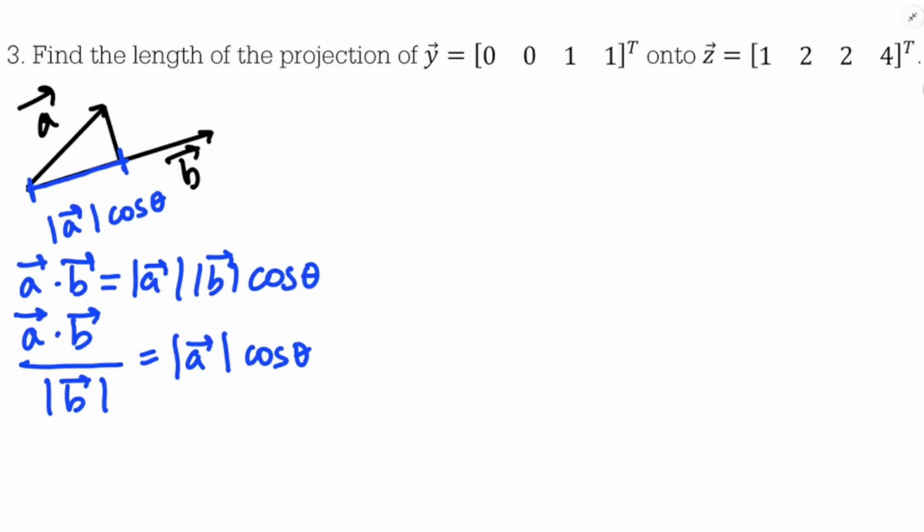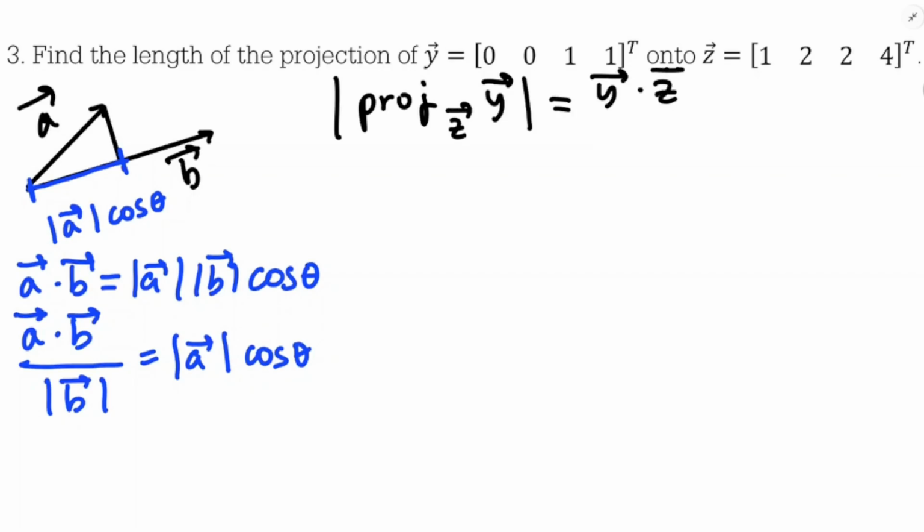Okay, so I'm going to use that formula over there in blue. If I'm projecting y onto z, the length of the projection of y onto z is going to equal y dotted with z divided by the length of z, because it's the one we're projecting onto.